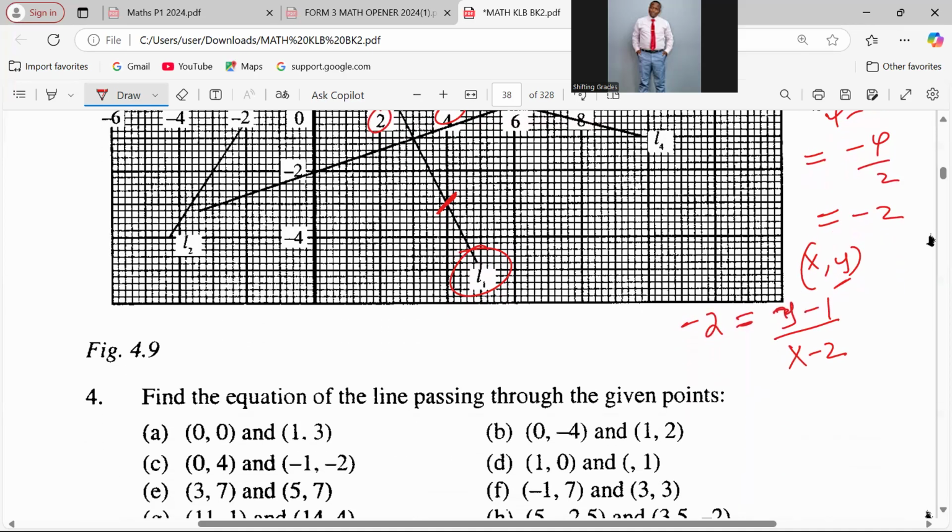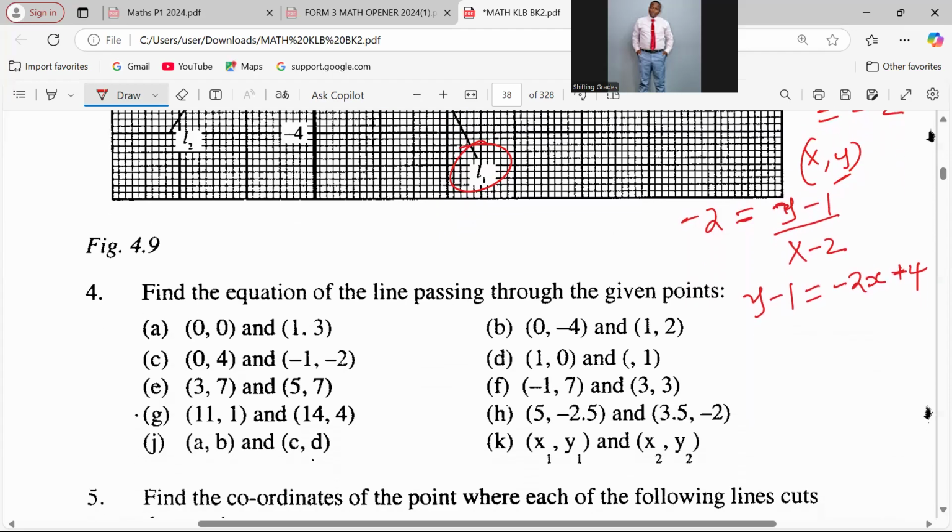Cross multiplication will give us y minus 1 equals -2x plus 4. So y equals -2x plus 5.